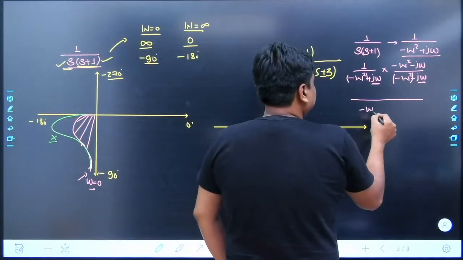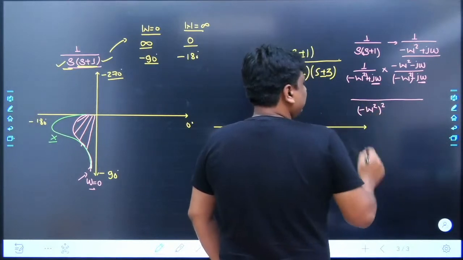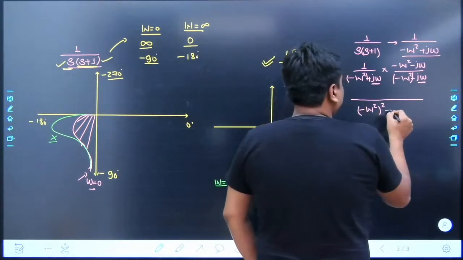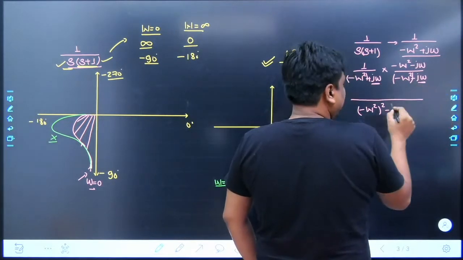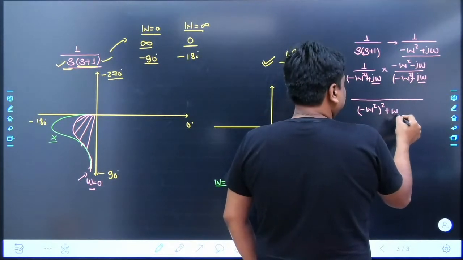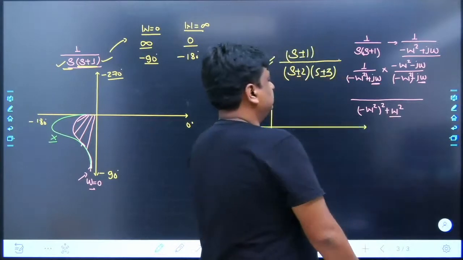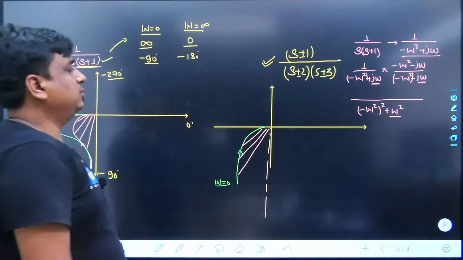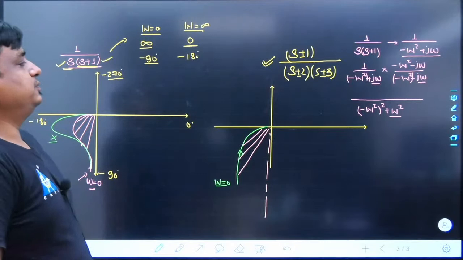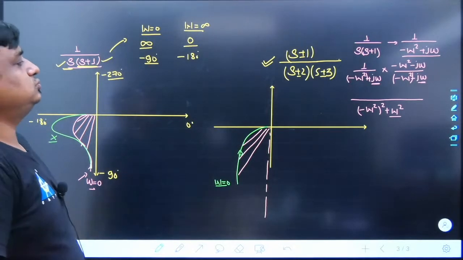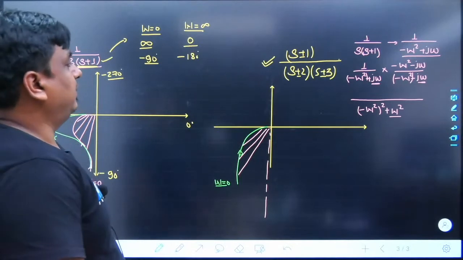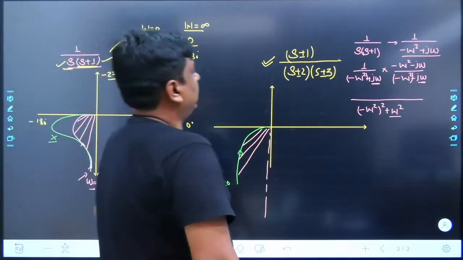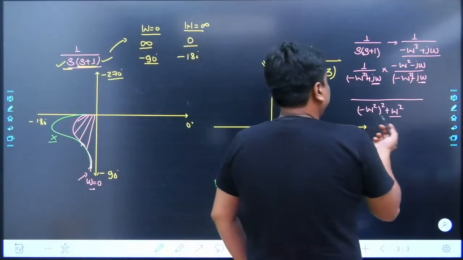Here it is minus omega square raised to the power of 2, and here it becomes minus j square omega square. J square would become minus 1, so it becomes plus omega square. Any mistake we are doing? Probably no. That is fine.